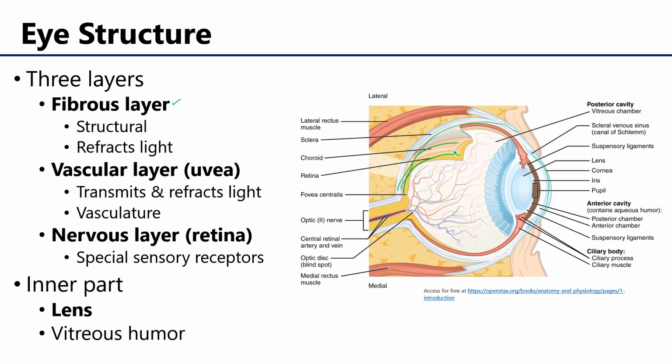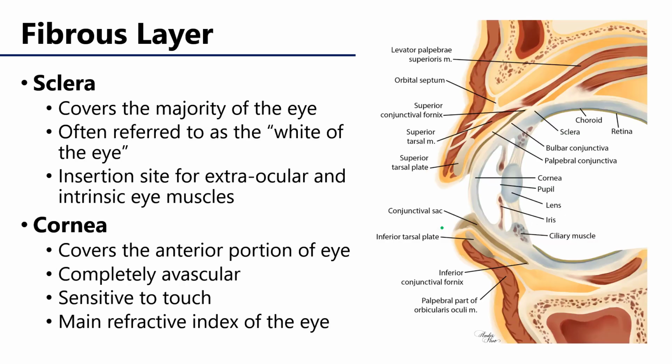These 3 layers surround an inner part whose most important constituent is the lens, which is acted upon by that vascular layer, as well as a large gelatinous mass posterior to it, which helps support the shape of the eye, known as the vitreous humor or vitreous body. So let's start with the fibrous layer and work our way in.